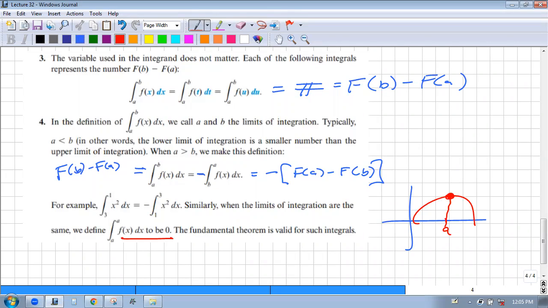It has no width. Now in higher level math, they do, well, what if this thing was infinitely high? So in like physics, we have like for impulses and stuff, we put like a point that's infinitely far up, and then we'd say the integral underneath that point would be 1. It's convenient to do that. So that's a trick in higher level math, but you don't have to worry about that. So unless the point is infinitely high, the area underneath it is 0. That's all they're saying.